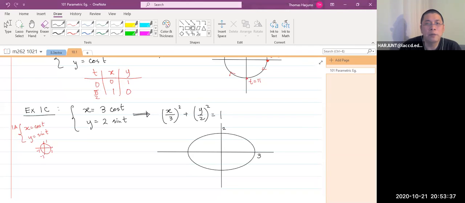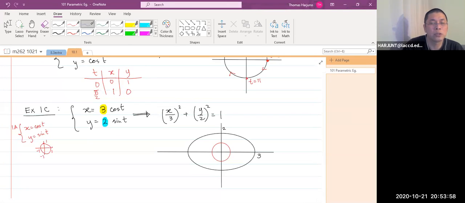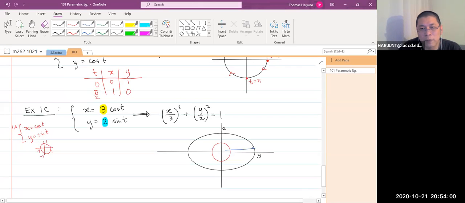So kind of imagine it this way. You have a unit circle originally, but then you multiply the x component by 3 and the y component by 2. So what happens is you stretch this by a factor of 3, you stretch this by a factor of 2.